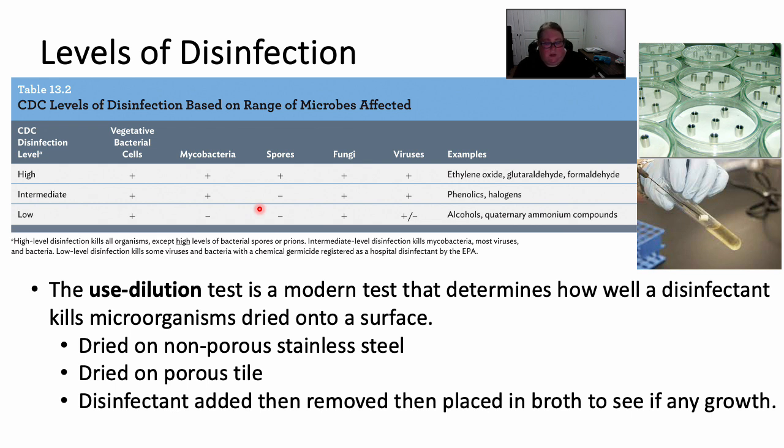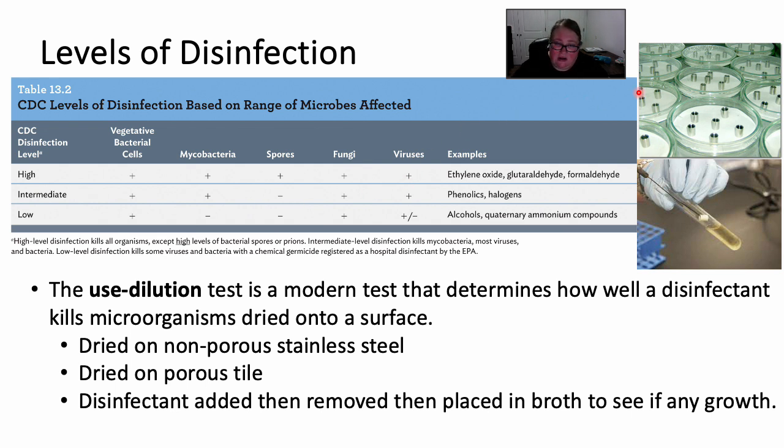Okay, so the way that we classify things by their level of disinfection is we use what's called the use dilution test. Okay, so this is a test that's going to determine how well a disinfectant kills microbes that have been dried onto a surface. So we're going to test both porous and non-porous surfaces.